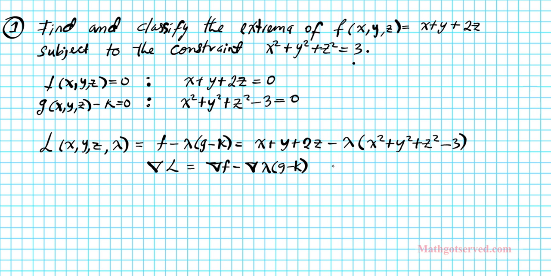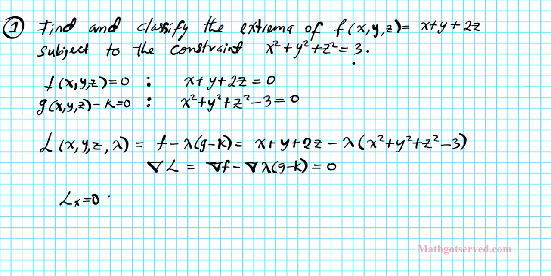We're going to find that, and we're going to set each partial to 0. First, we're going to start with x. We're going to find the partial derivative of function L with respect to x, and set that equal to 0.